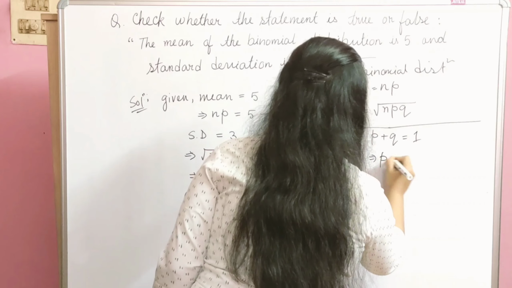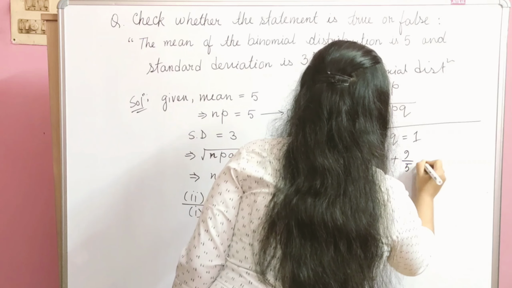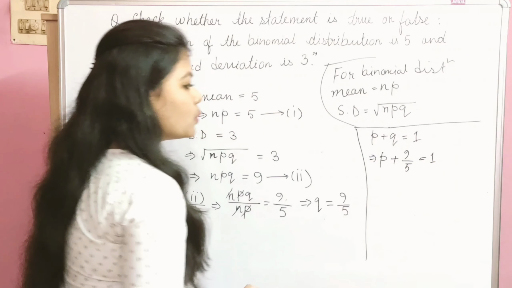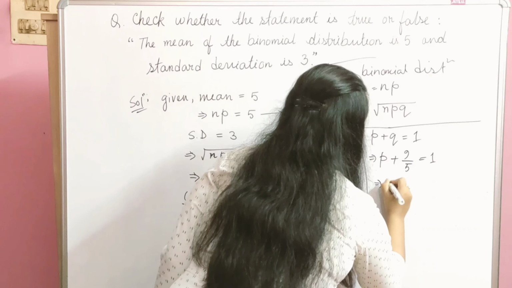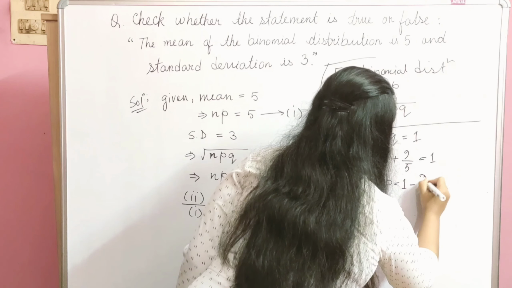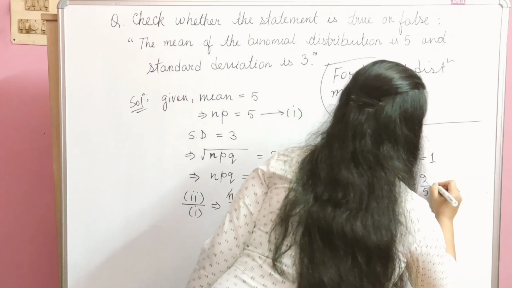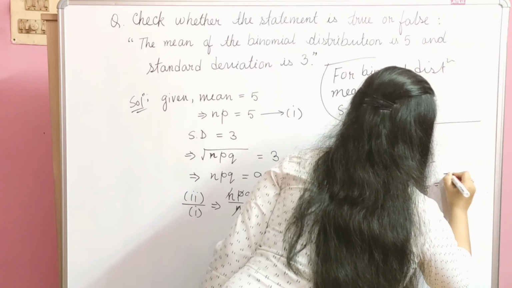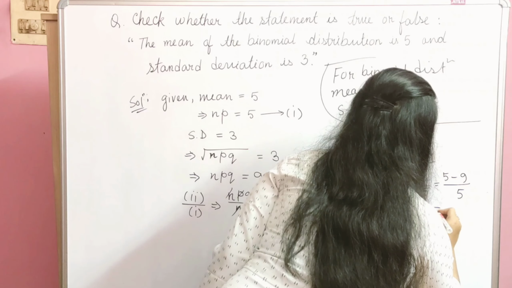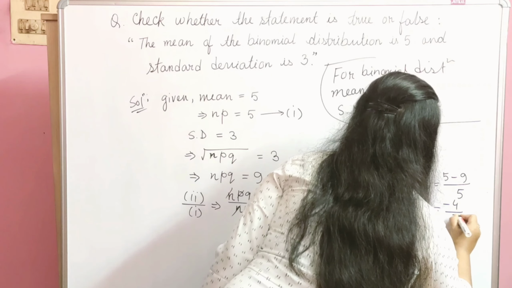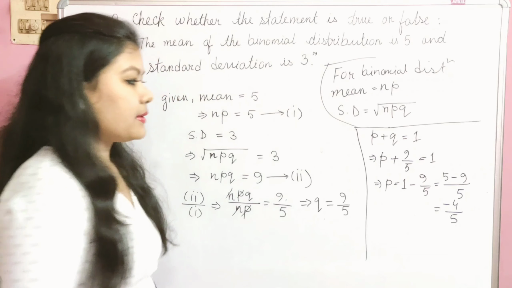So p plus 9 by 5 equals 1, p equals 1 minus 9 by 5. Here we can take the LCM 5, so 5 minus 9, that means minus 4 divided by 5.